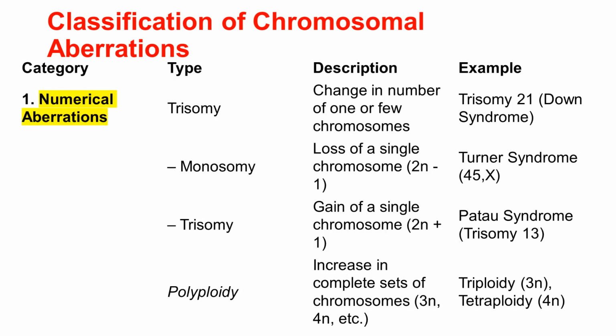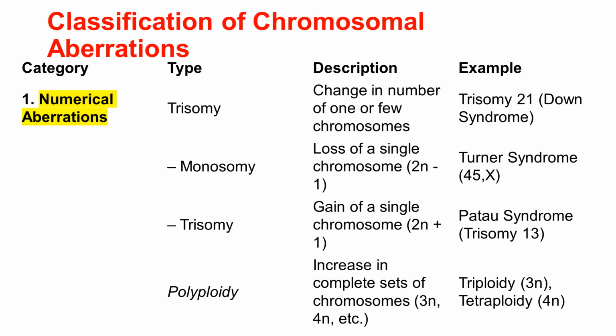Classification of chromosomal aberrations. Category, Type, Description, Example. 1. Numerical aberrations: change in number of one or few chromosomes. Trisomy 21, Down syndrome.